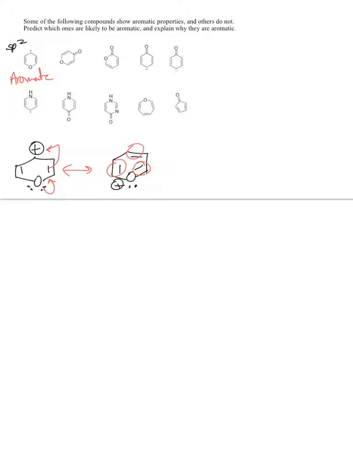Okay, so the next compound here, we'll draw this one out with its lone pairs for oxygen. All of the atoms are sp2. The thing to do here is to draw the resonance structures. The electrons here would go here, and they would go here, and then those electrons go there, and then you redraw.